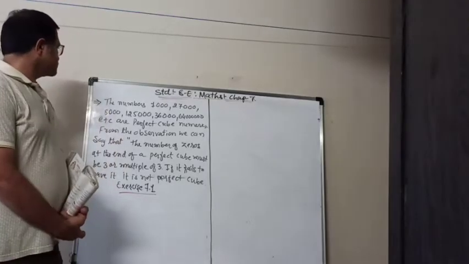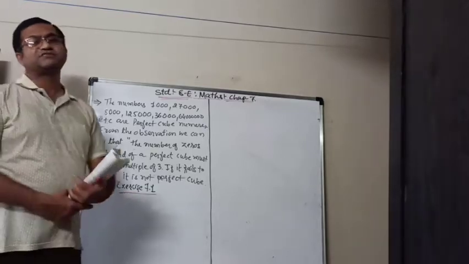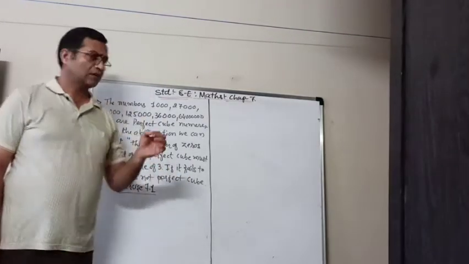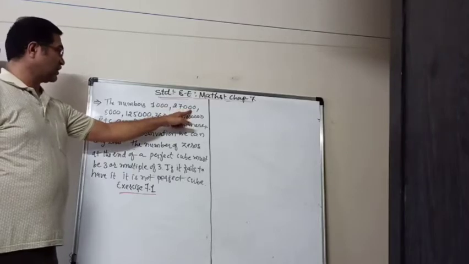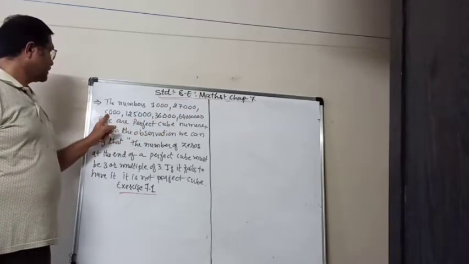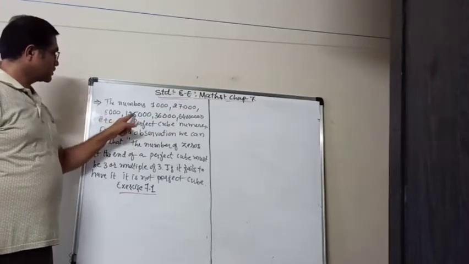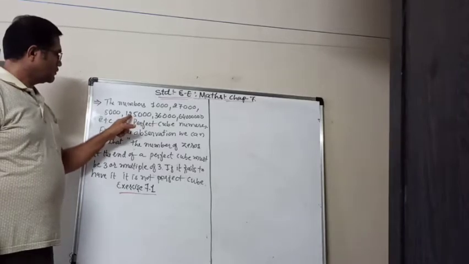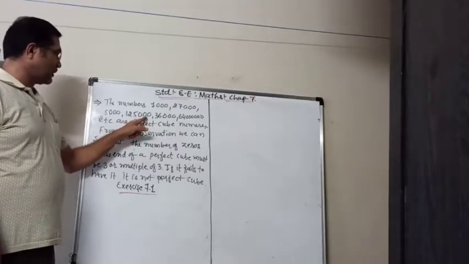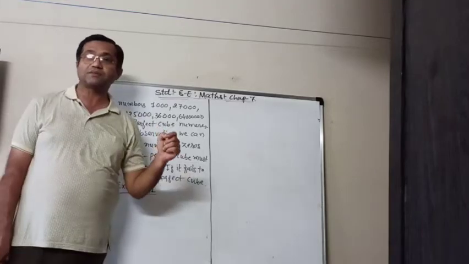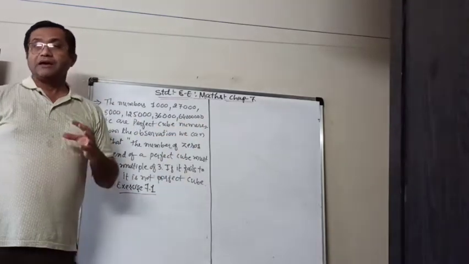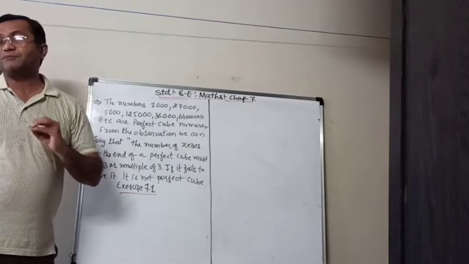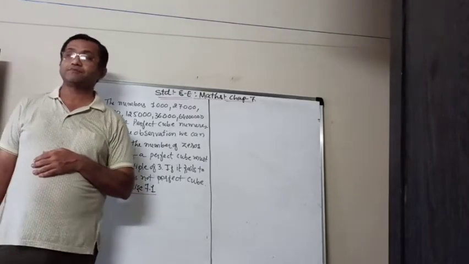Now if you see these numbers, 1000, 27,000, 8,000, 125,000, 36,000, and those numbers, all of these are perfect cube numbers.